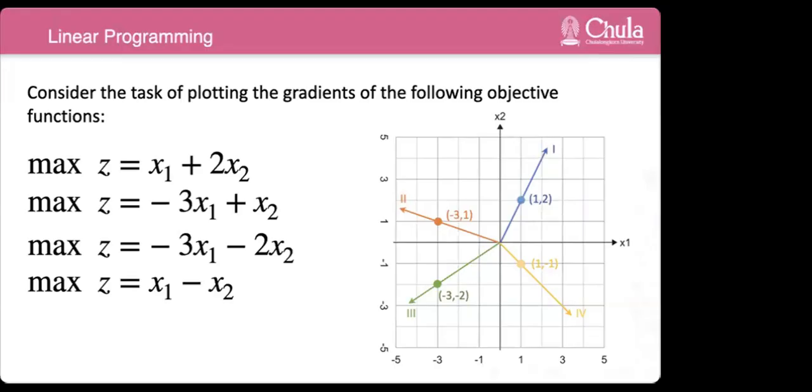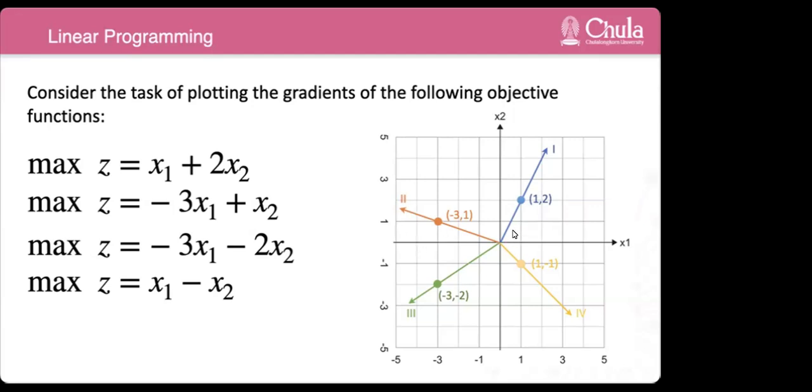If you don't know how to find the gradient, it's very simple. Take the coefficients in front of x1 and x2. It's 1 and 2, right? You draw a line from the origin to (1, 2).